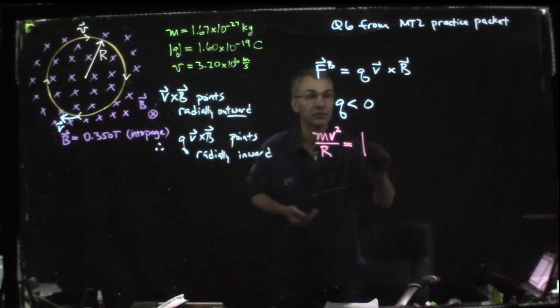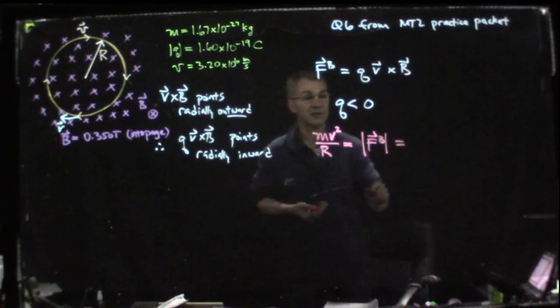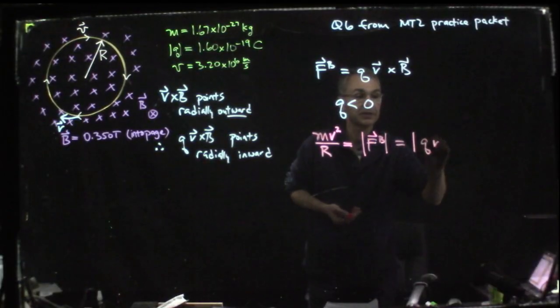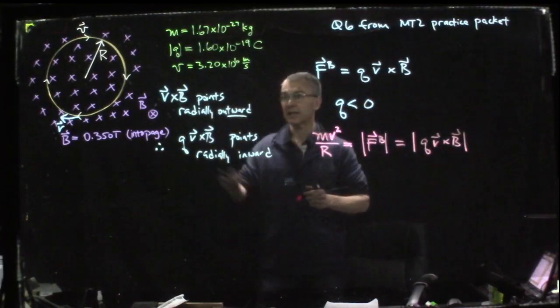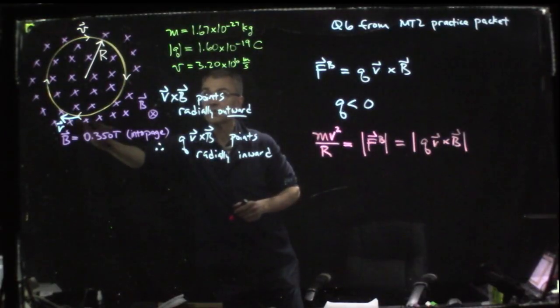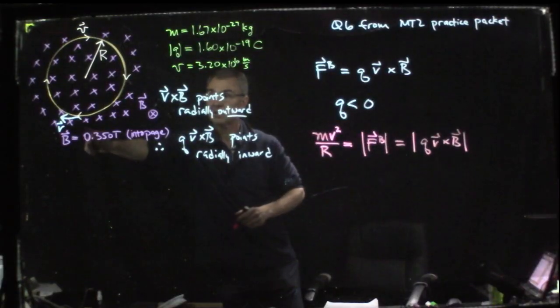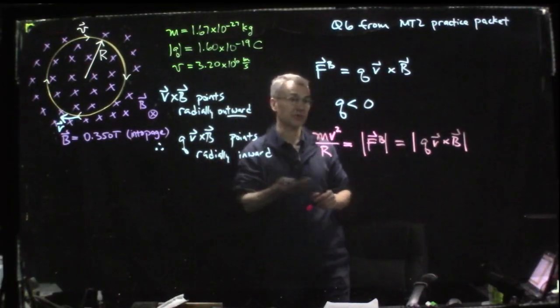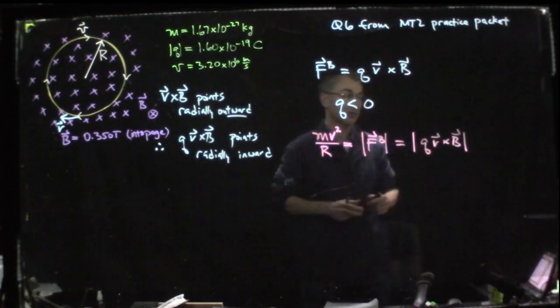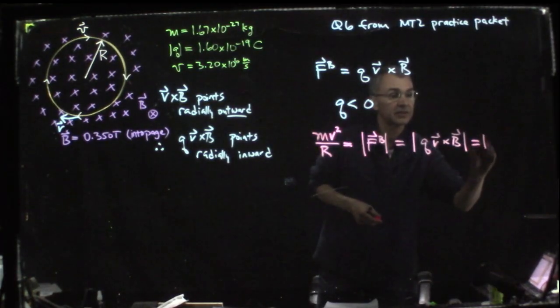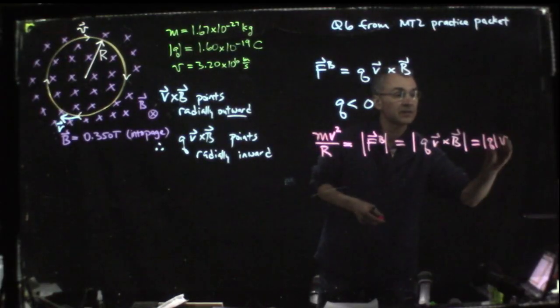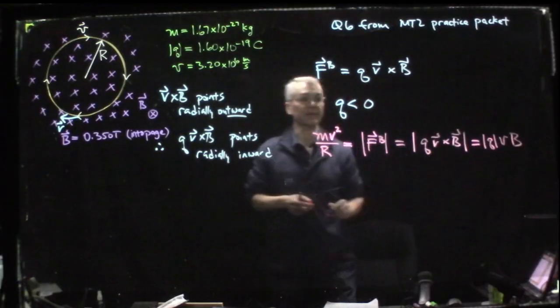And that must be the magnitude of the magnetic force, so the magnitude of Q V cross B. V is in the plane of the board, and B is perpendicular to the plane of the board. So these vectors are perpendicular, so the magnitude of this cross product is just V times B. So this is just the magnitude of the charge times the speed times the magnetic field.